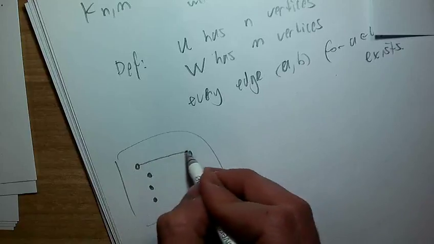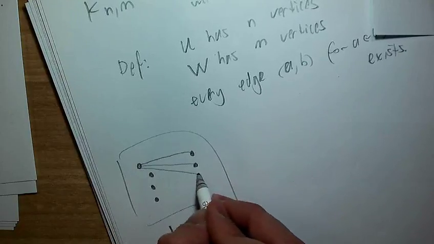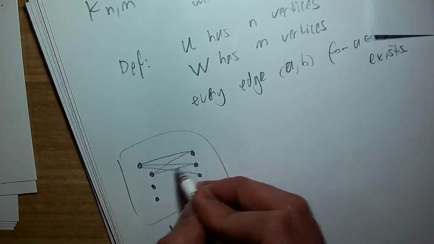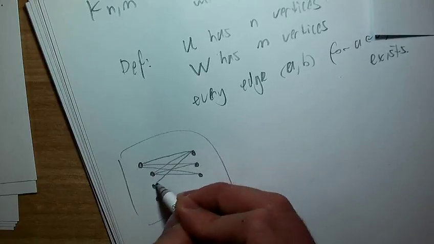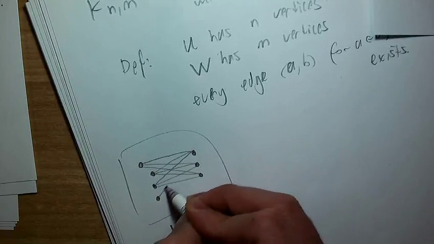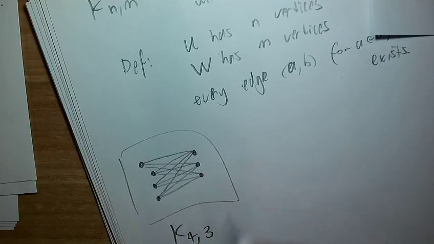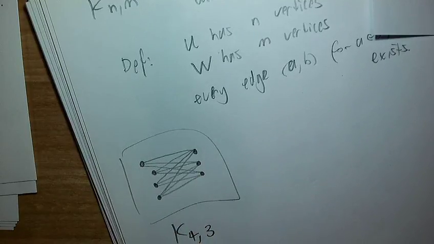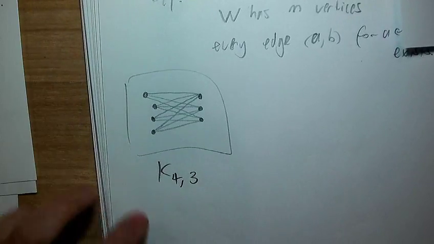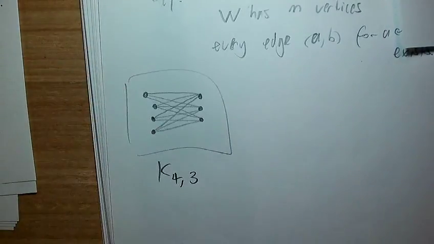So this has to be joined to all of them. This has to be joined to all of them. This has to be joined to all of them. And this has to be joined to all of them. And now it's done. Every vertex on this side is connected to every vertex on that side.